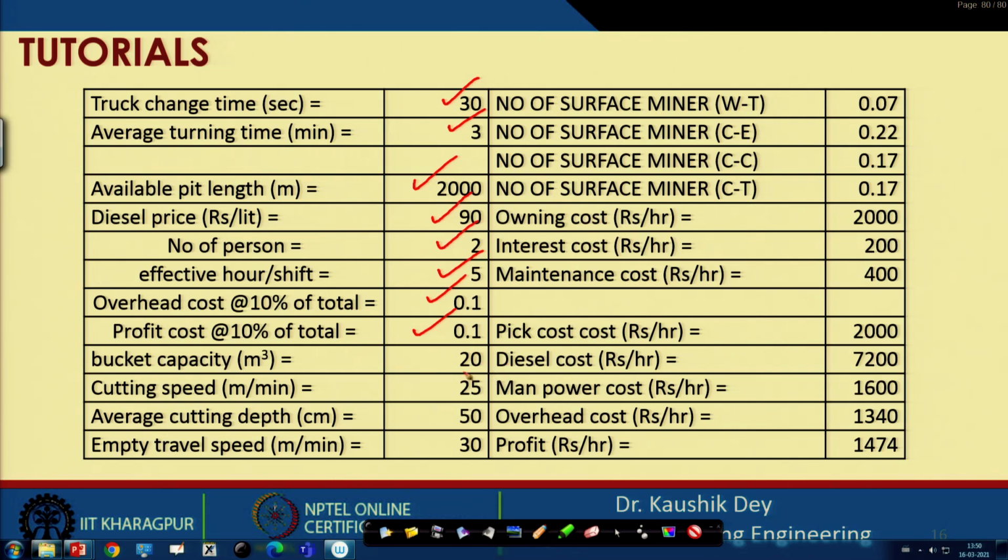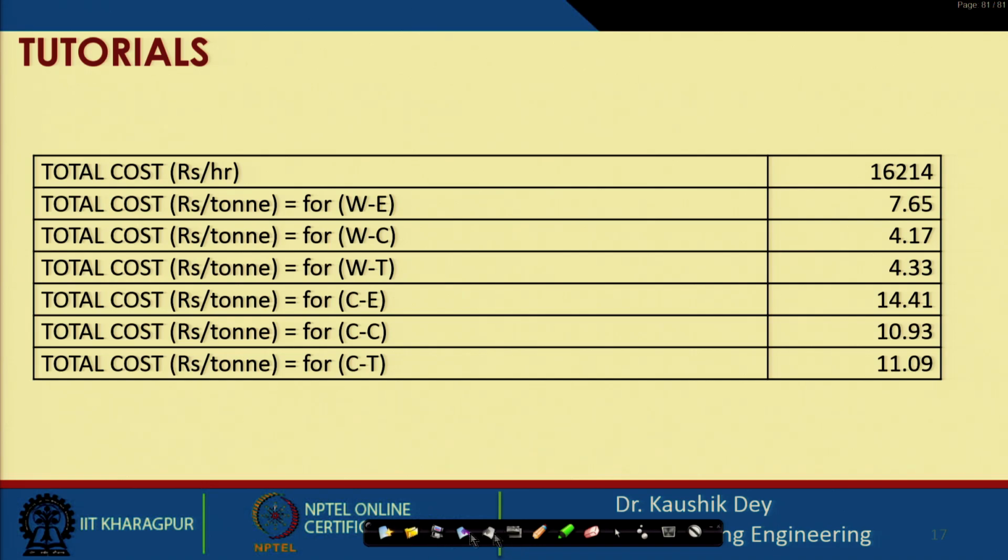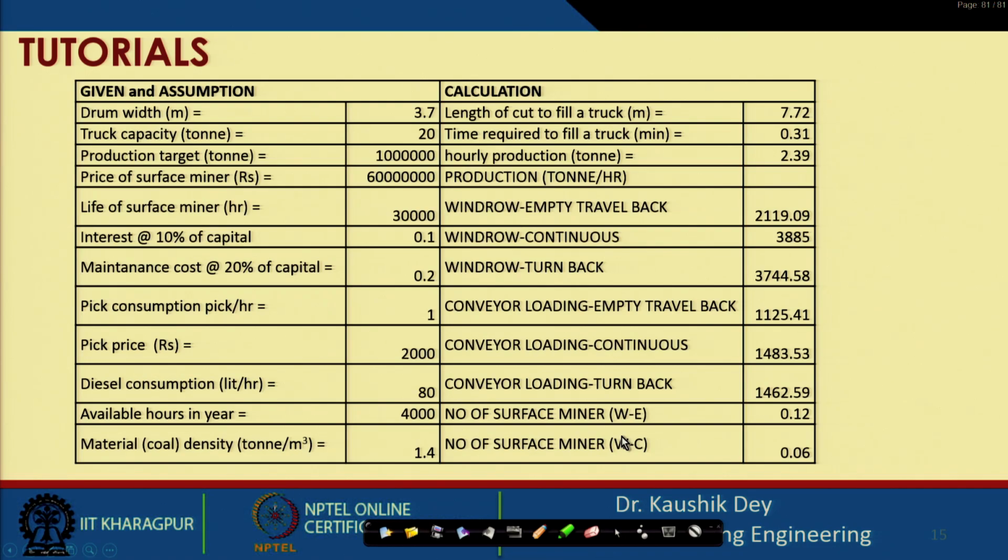Then these are not required. This is cutting speed, this is average cutting depth, this is empty travel speed. So, these are the assumptions.